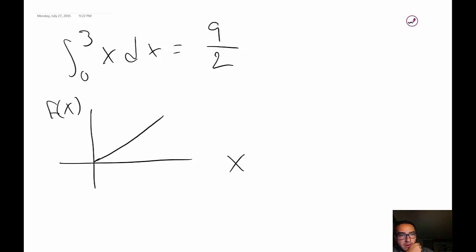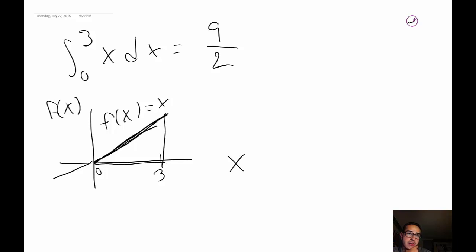Here we have f of x equal to x. And we're evaluating it from x equals 0 to x equals 3. Well, as you can see here, because this is a straight line, a diagonal line, and we're evaluating it from 0 to 3, you can see that this is a right triangle.